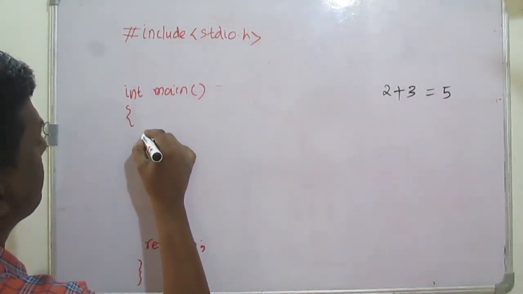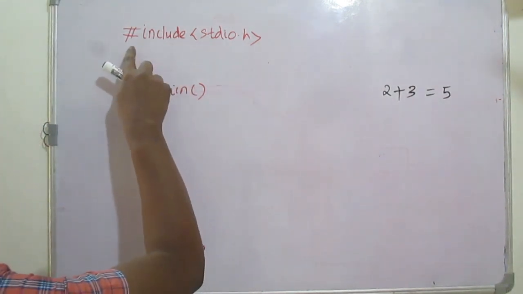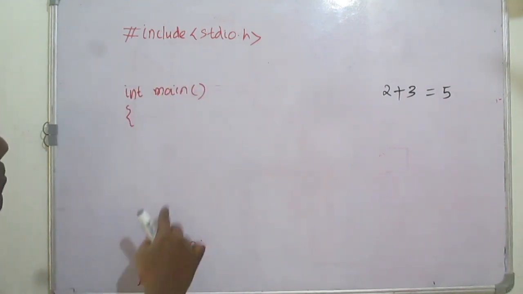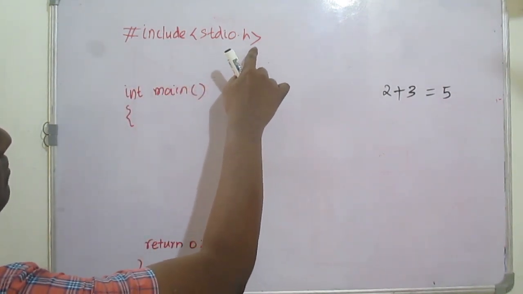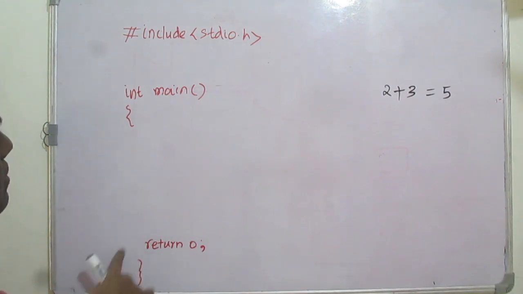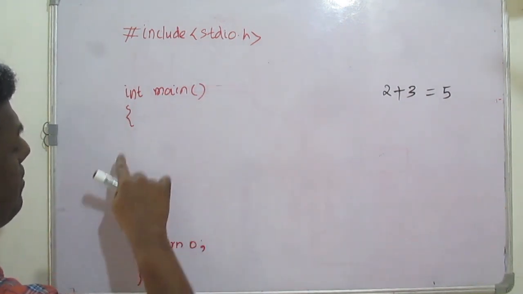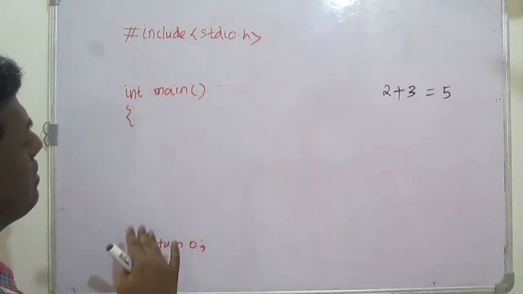Because we have seen the simple structure of a C program, one is the preprocessor section and another is the main section. These two sections are compulsory.